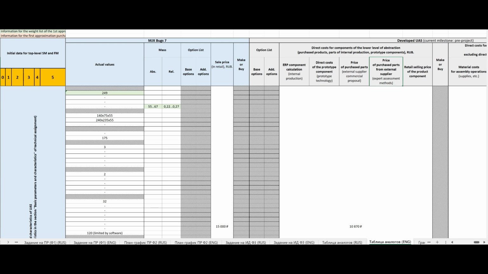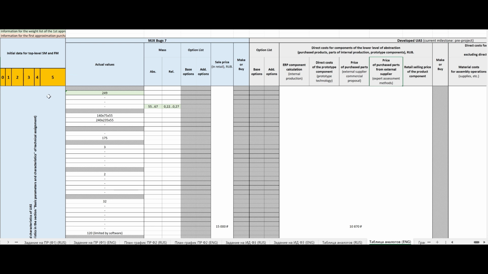For the analyzed milestone, values can be entered only for the 5 given columns. An important point when assigning actual costs to function carriers is that we put down the amount of direct costs in the listed 5 columns only for components of the 4th and 5th levels in our case, and lower levels of abstraction in other cases.